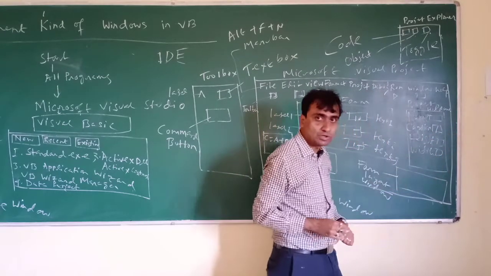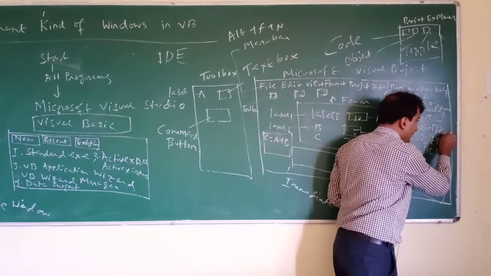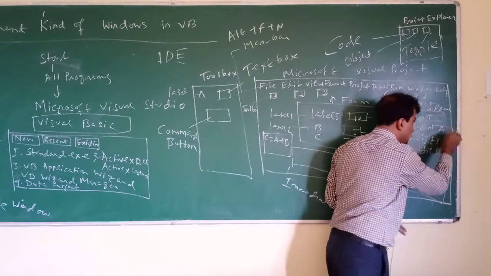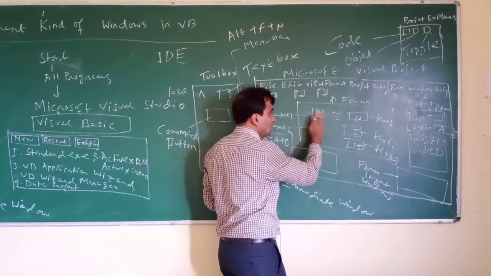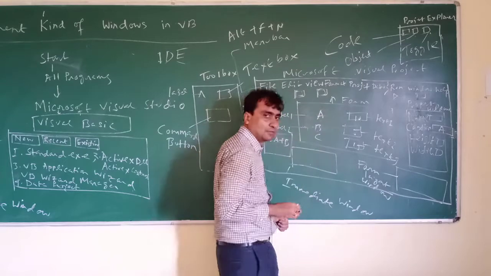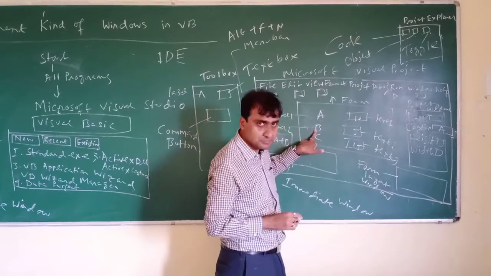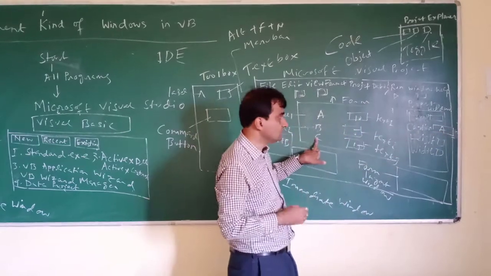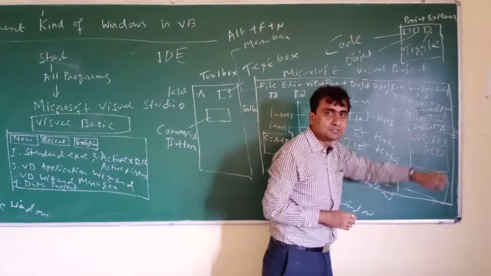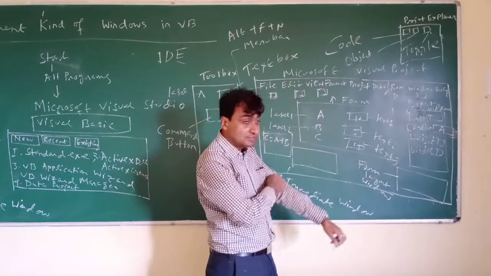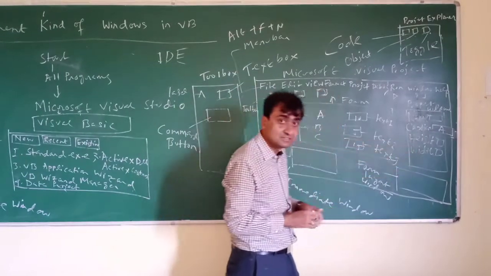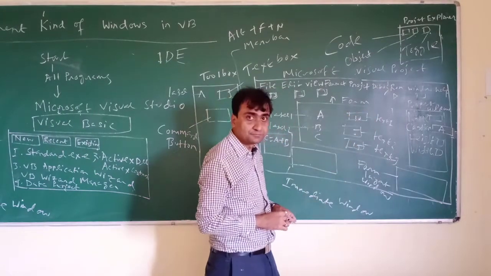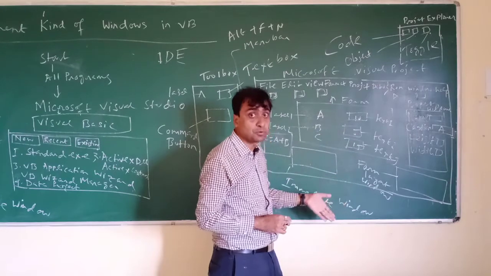I changed this to A. Similarly it was label 2; in the caption property I changed it to B. Similarly C, in the caption property I changed it to C. Then similarly height and width are there. This is having some height and width. So like this, some default properties are there.